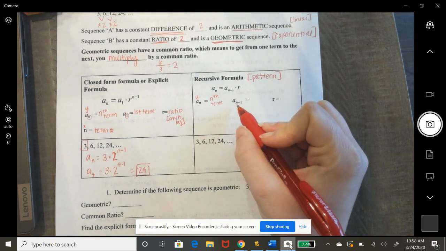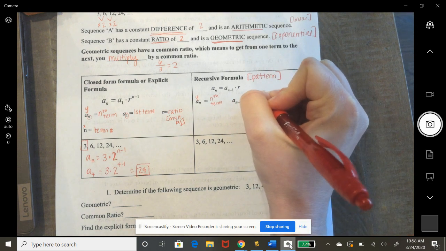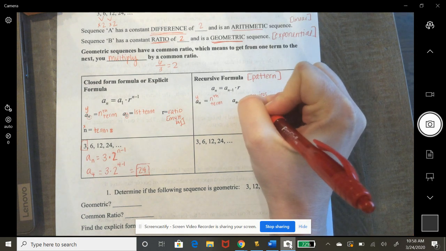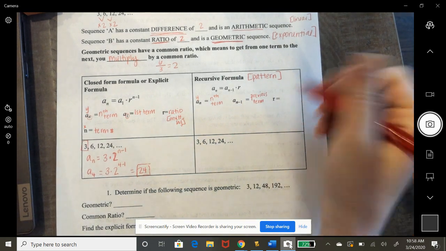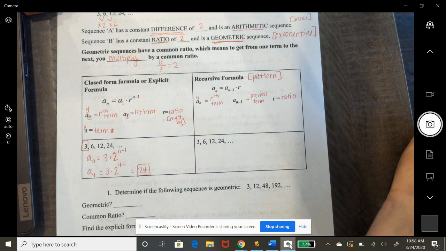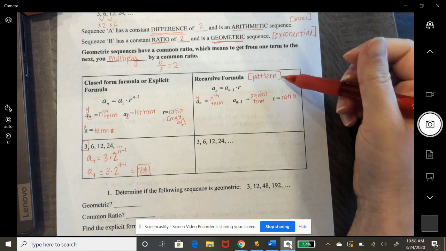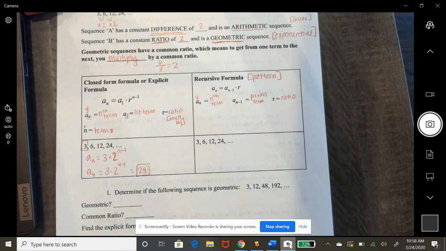So a sub n minus 1, that's going to be the previous term. Okay, and I'll talk about why in a second. And then r is still your common ratio. So basically, the only way this is useful is if you're trying to find a next term. So if you know the 3rd term, how can I find the 4th term?